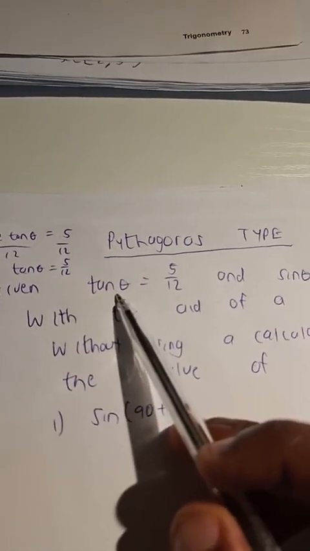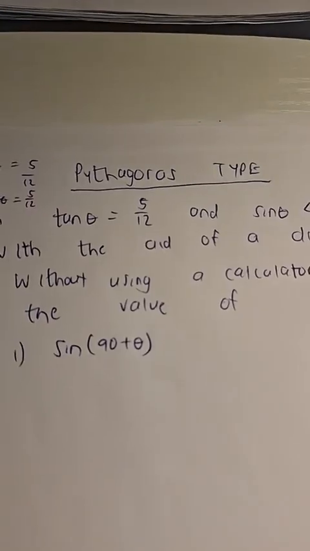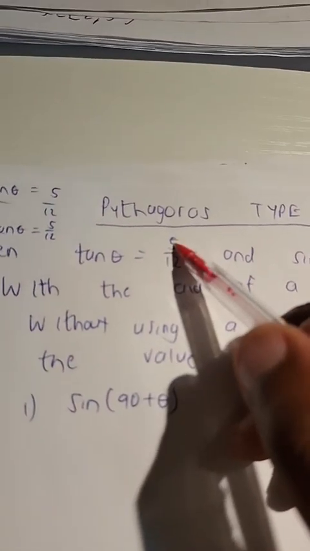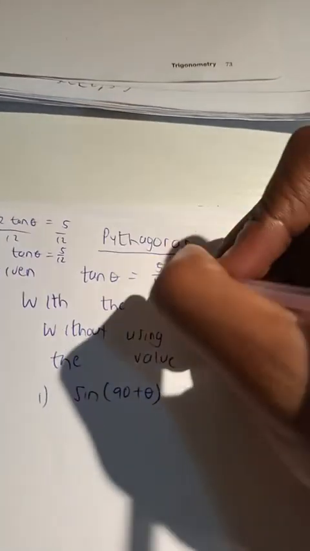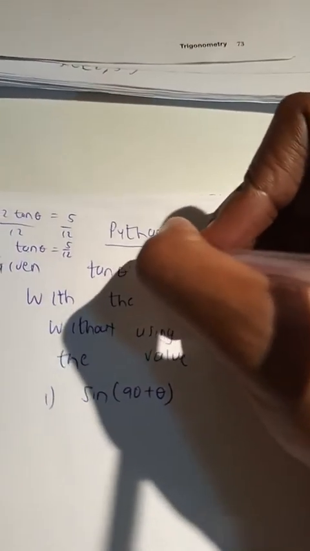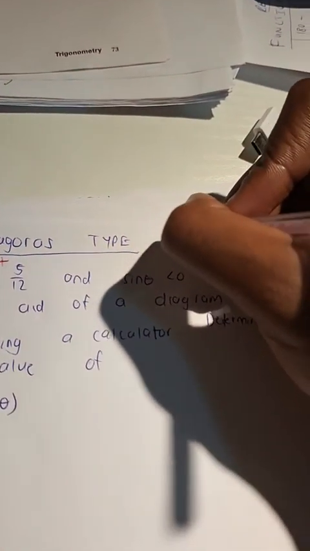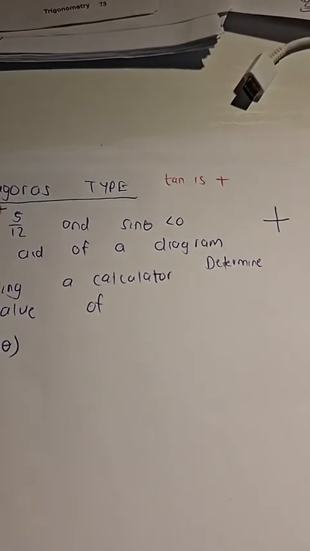Isolating the trig ratio so that you have a numerical ratio on the right hand side. What does this tell you? Tan theta is 5 over 12. Is it a positive number or is it a negative number? 5 over 12 is a positive number. So that tells you that tan is positive.